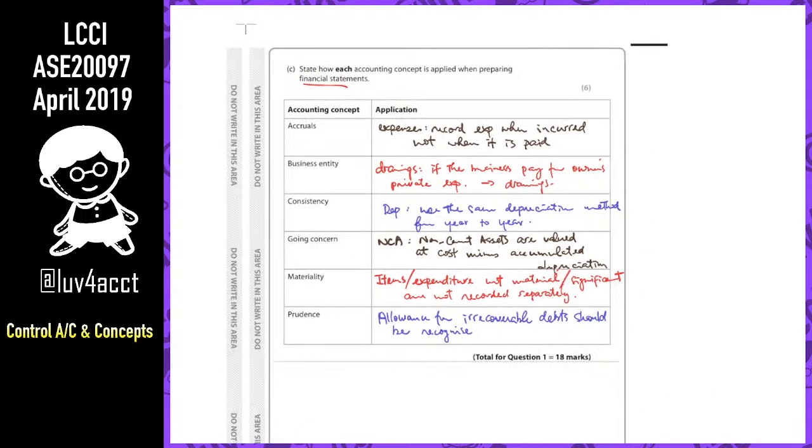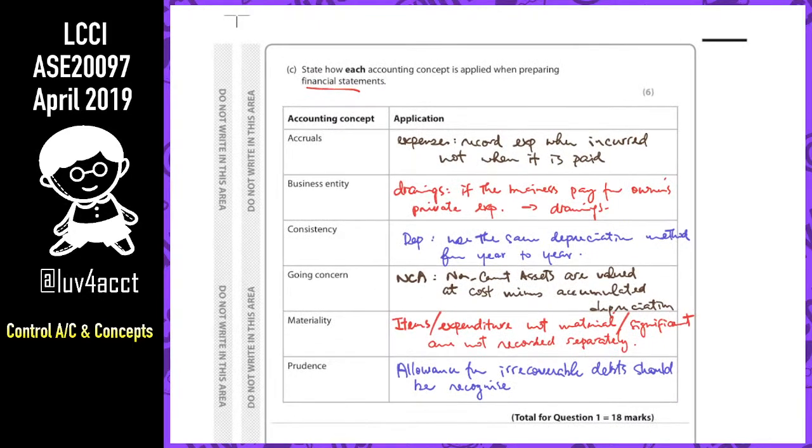Let us go back to the question that is asked. Part C, you can see here. It's very important to read the question. State how each accounting concept is applied when preparing the financial statements. Application doesn't mean that you have to explain the concept.